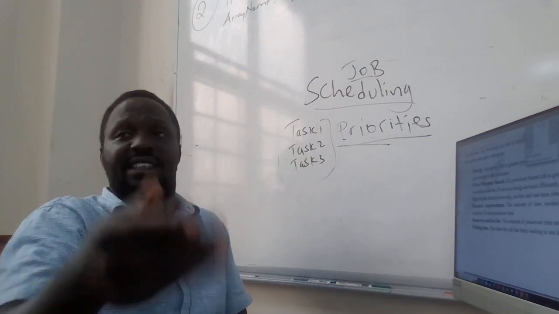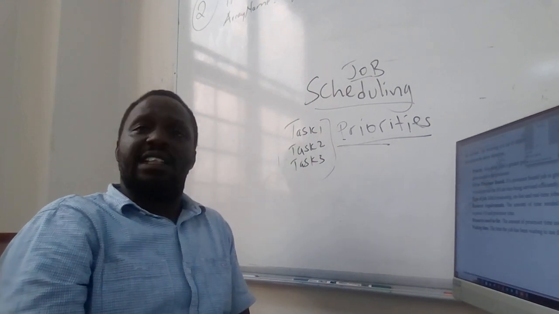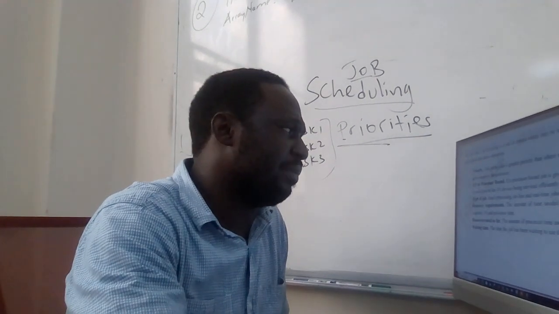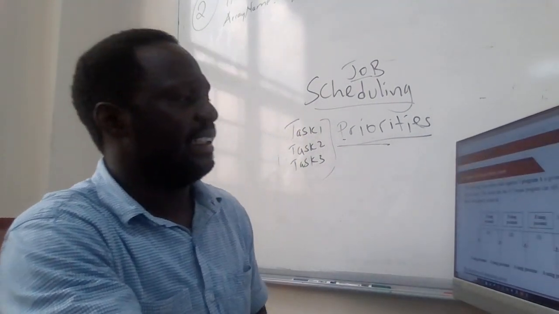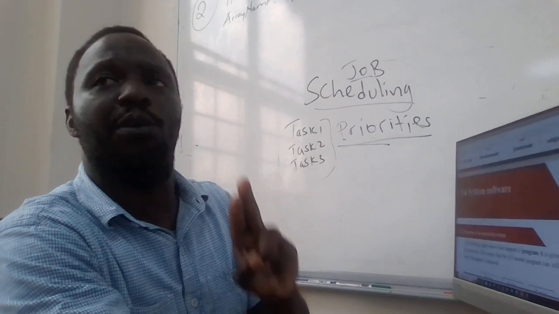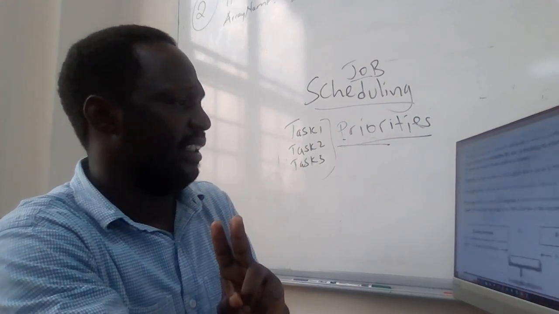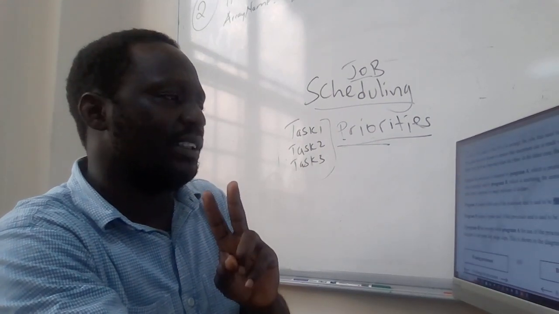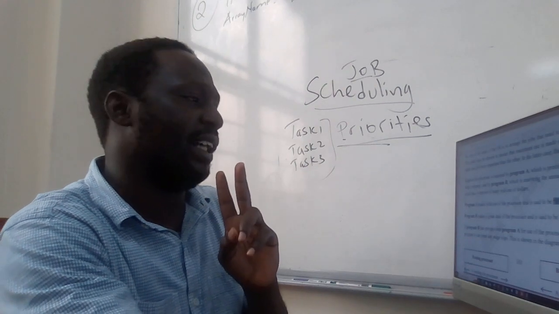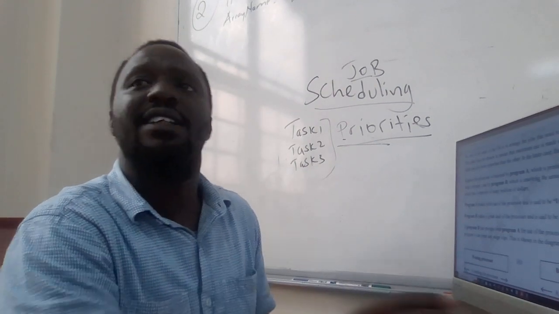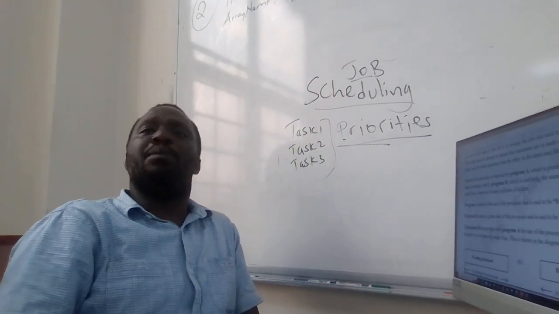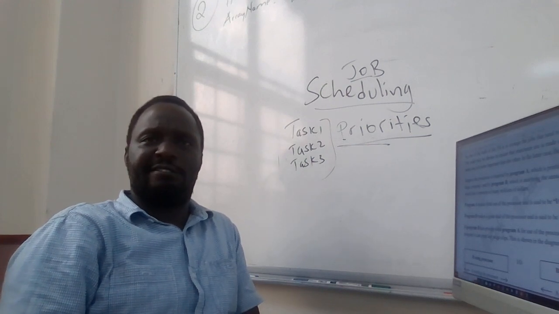Priority means favoring it most. You need to know that we have two categories of tasks in a computer: the I/O bound jobs or tasks, and the processor bound tasks or CPU bound tasks.